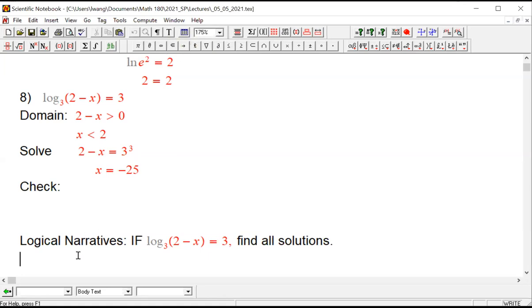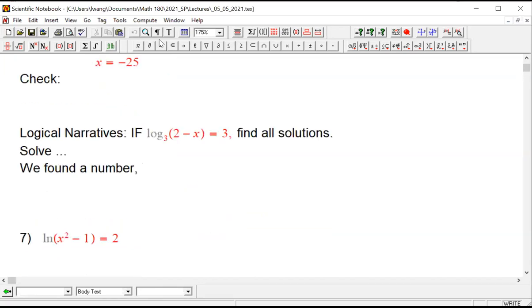Now, we found a number. Okay, we go through the steps, whatever steps you do. Okay, we solved it. We solved and we found a number. And this number we found is x equals -25. So what do we want to do?